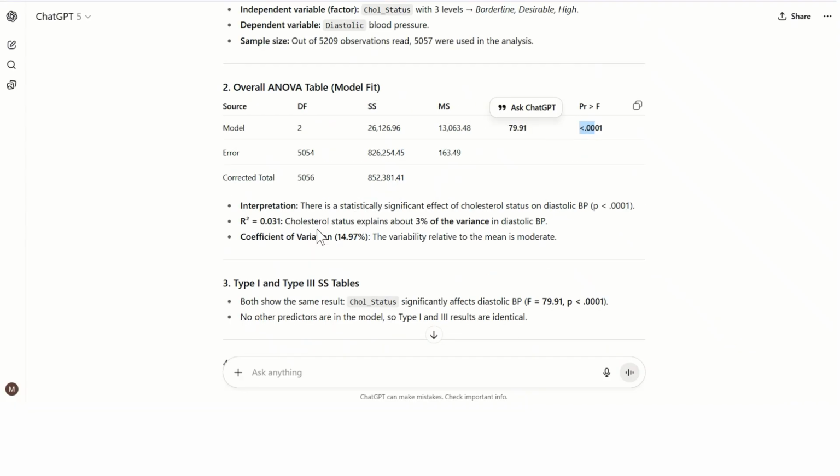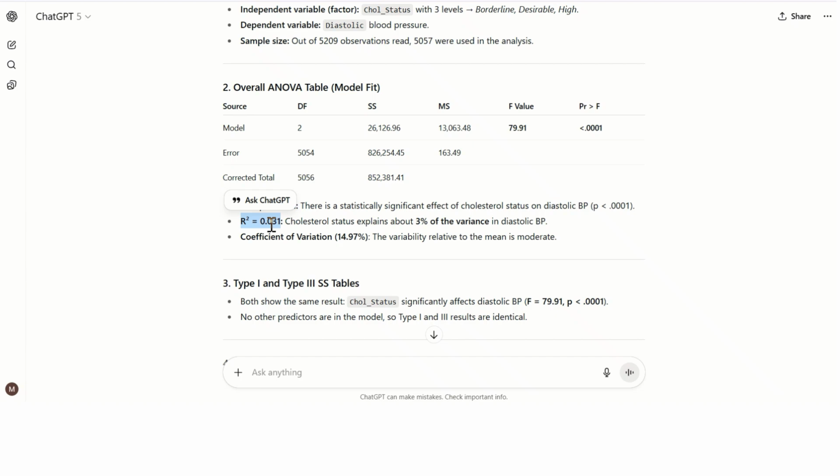Okay, so here is the interpretation. There is a statistically significant effect of cholesterol status on diastolic blood pressure. So we know that cholesterol has a significant effect. Somebody who has high cholesterol surely has an effect on his diastolic blood pressure.